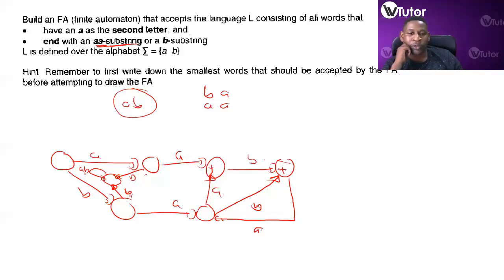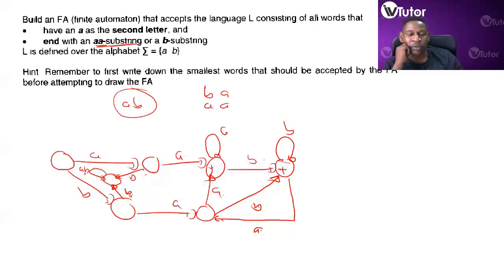With another A, go to a final state. With a B, go to a final state. If you're in B and you encounter a B, because B can keep you there, you can stay there. So after having an AA, if you encounter B, you can go there. If you keep on encountering A's, you can stay in this final state.